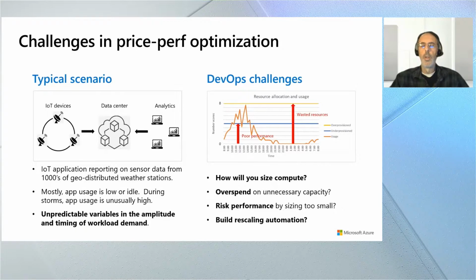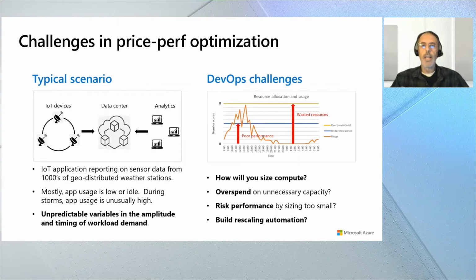This presents DevOps challenges in terms of how best to allocate resources in order to achieve your price and performance goals. One option is to over-provision resources in order to satisfy peak workload demand. But then given this kind of usage pattern, that leaves much of the time left over for relatively lower idle usage, which represents wasted resources and ultimately higher costs.